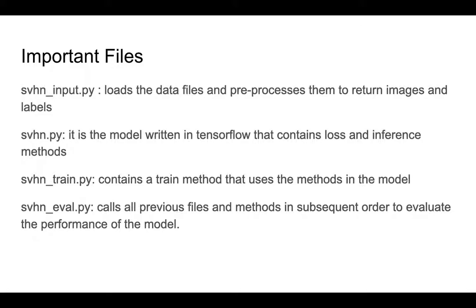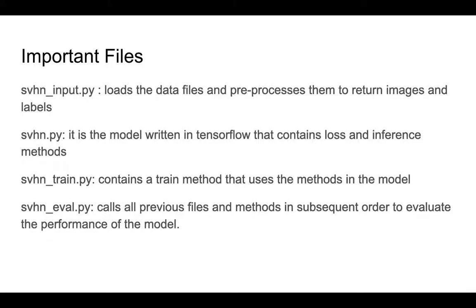And then svhn.py is basically the entire model, and that's where the loss function is written and the inference method is written. And then next we have a training method, which uses the methods in the model defined in the previous class, and then runs them over a batch of runs.